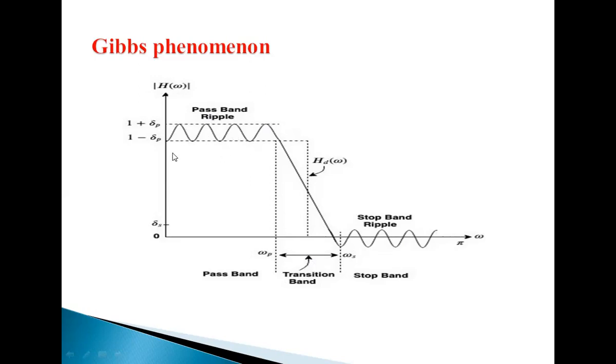This ringing effect, or these ripples, we can reduce with the help of different window techniques, and we can also reduce the size of the transition band with the help of the windowing technique. A wider transition band indicates that it is taking a maximum time for the transition from pass band to stop band.